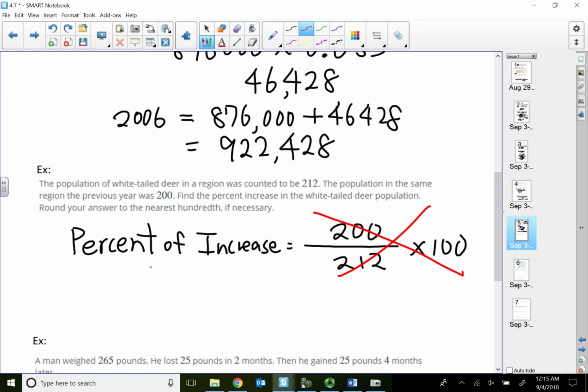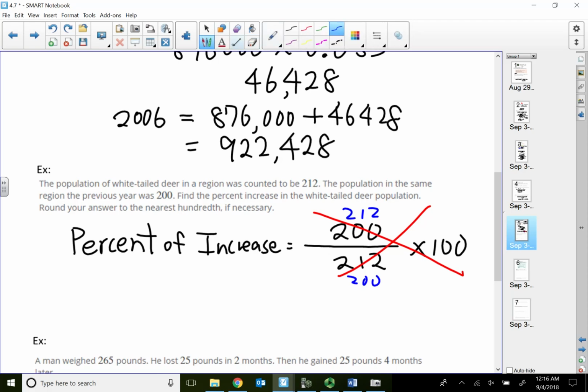Because for percent of increase, your percentage represents the increase, so the part has to represent the increase. Well, Mr. Chen, why don't I just put 212 up here and 200 down here? No, that is still wrong. The part has to represent the increase because the percent and the part have to represent the same thing. 212 is not the increase, 212 is the population now.